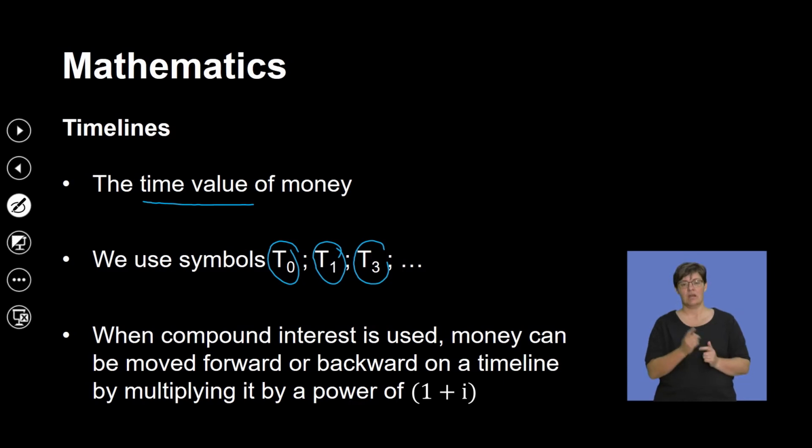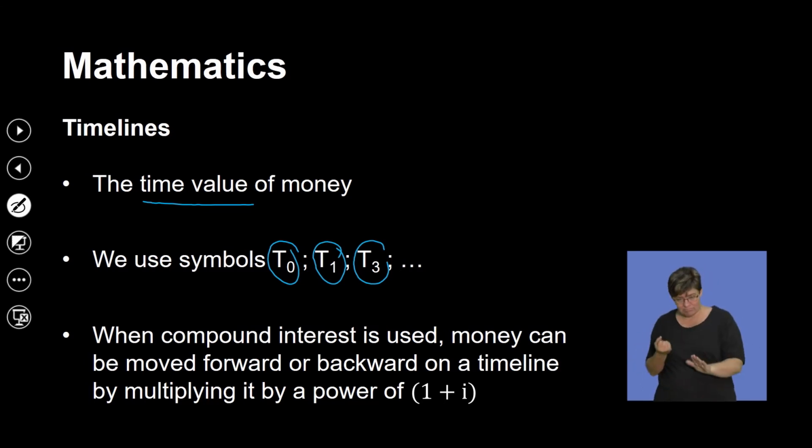Now, when compound interest is used, the money can always be moved forward and backwards on a timeline, depending on what the interest is all about, and also depending on whether you are taking out money or putting in money.